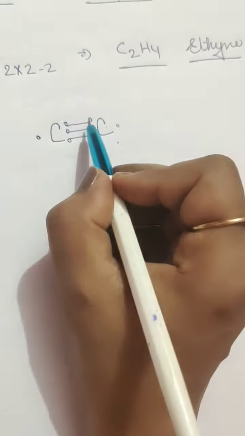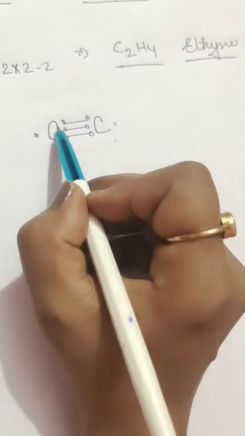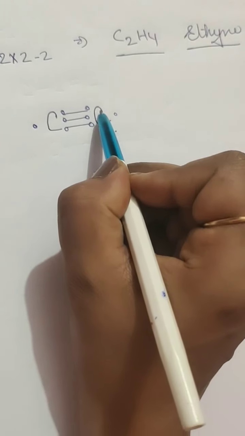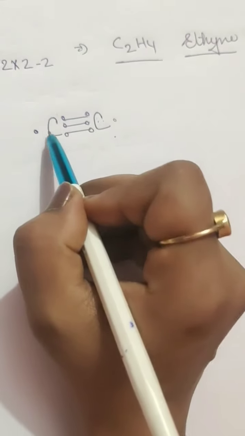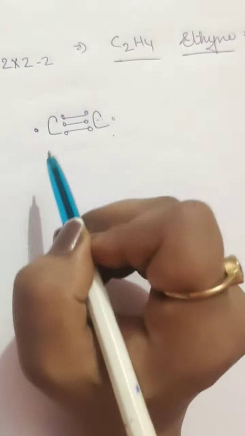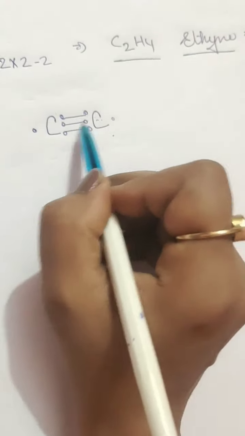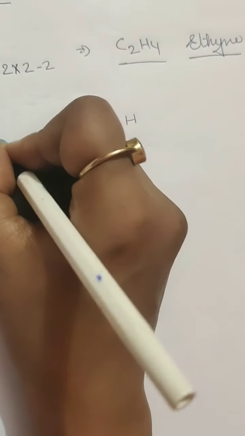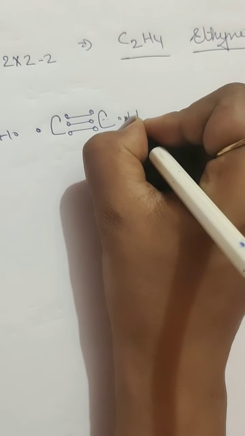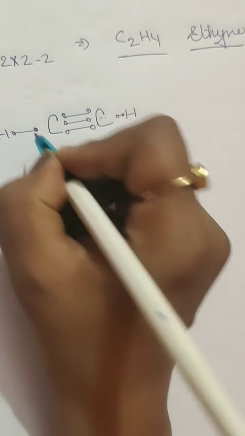So that means 3 electrons are being shared. This is sharing 3 with this carbon, and this carbon is getting 3 from this carbon. So 3 are shared, so only 1 is left. So it will be using only 2 hydrogen to get the other 2. That means it will form a bond with this.